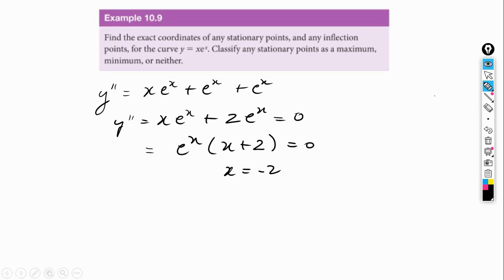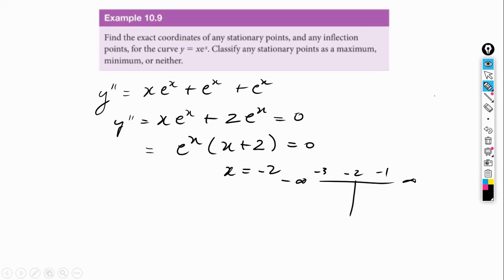But let's just verify that to see if there's a change in concavity. So how do we do that? Well, we do that with a table of values. Remember that we can put -2 here in the center and then test for something to the right of -2 and for something to the left of -2. To the left of -2, we can test a value such as -3, and to the right of -2, we can test a value such as -1.